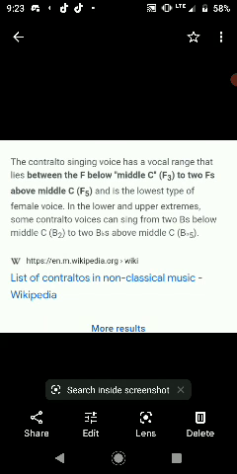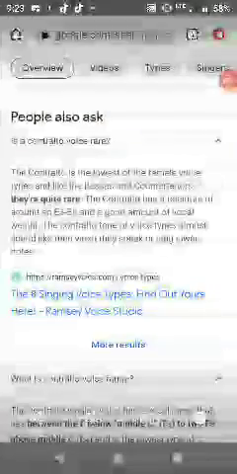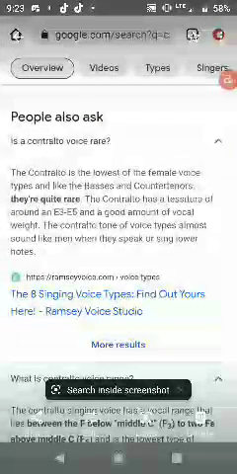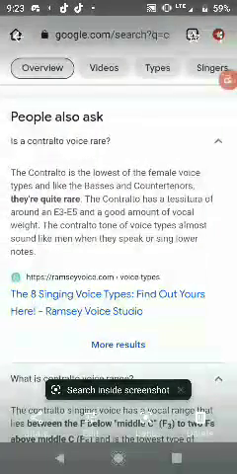Contraltos generally have an F3 to F5 range, usually. That's what people usually say. But some people sing a lot lower than that. I've seen some people who say they can sing as low as an A2 or something like that. That's why there are some people like me who can go all the way down to an F2.